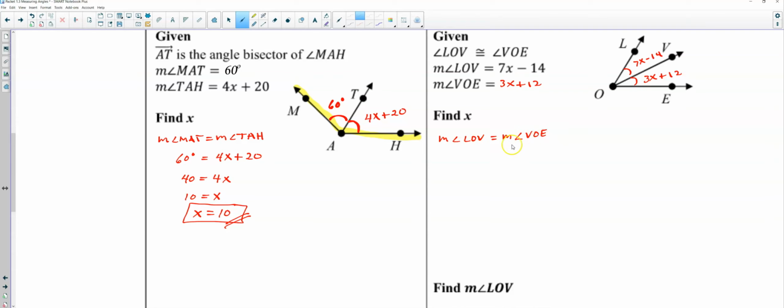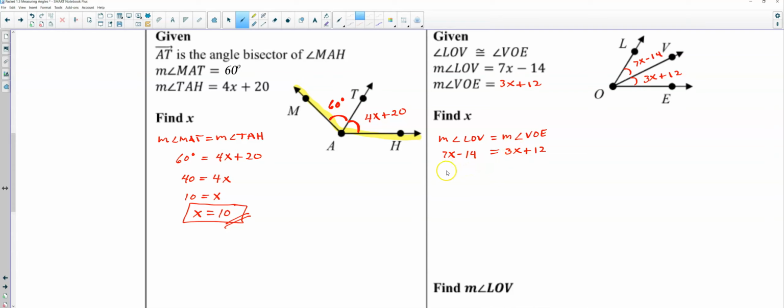Notice I write my geometric equation first. Now I substitute for the measurement of LOB. We have 7x minus 14 must be equal to 3x plus 12.